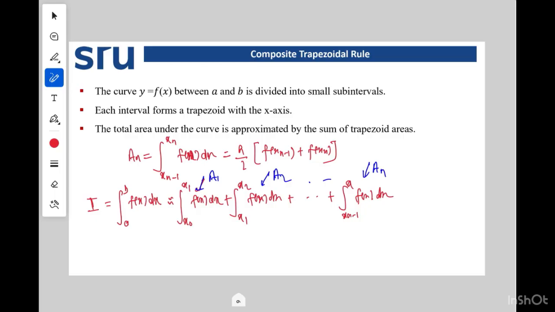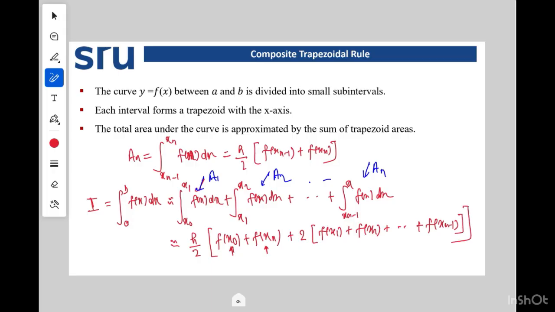the total area. So the total area will be approximately equal to h divided by 2 into f of x0 plus f of xn, so this one is your first point and this one is your last point, plus 2 times all the points between x0 and xn, meaning f of x1 plus f of x2 plus dot dot f of xn minus 1.